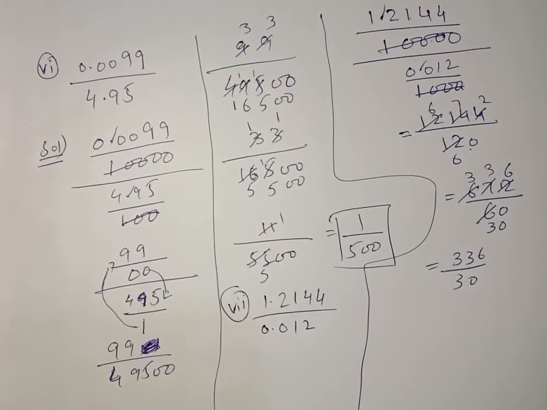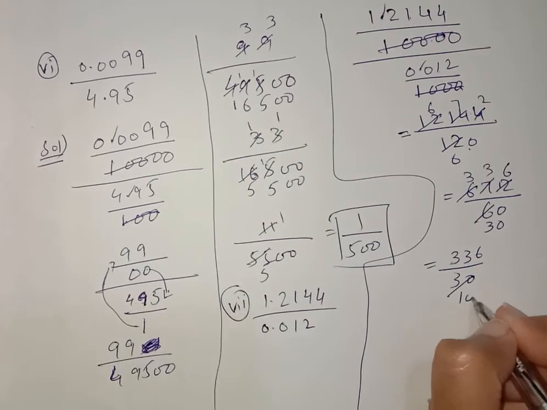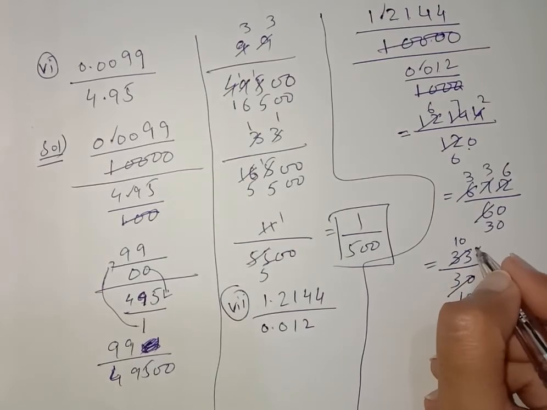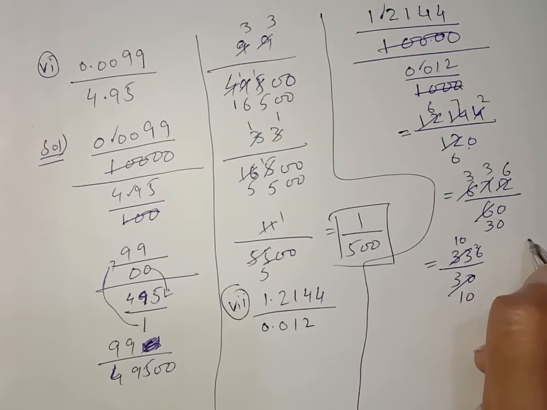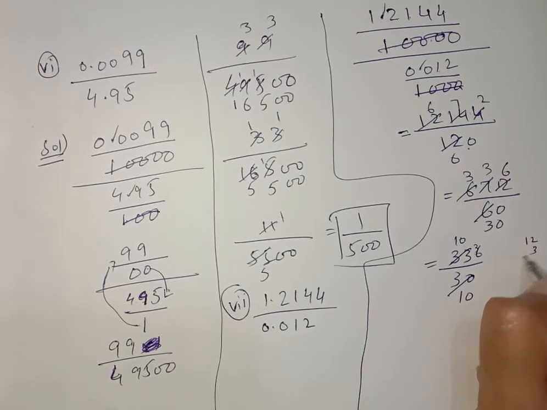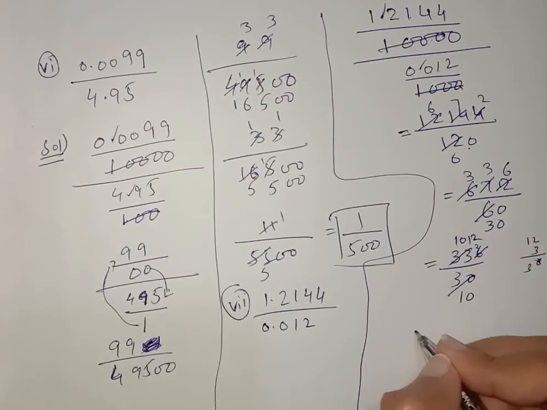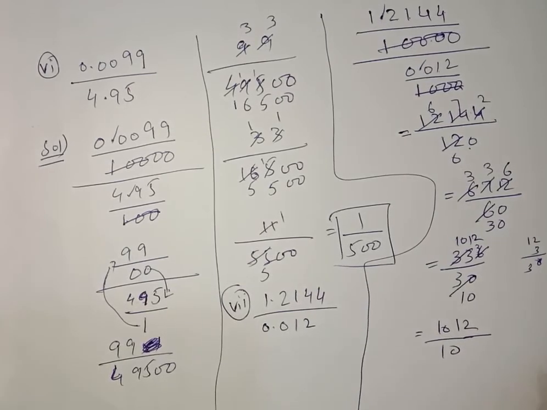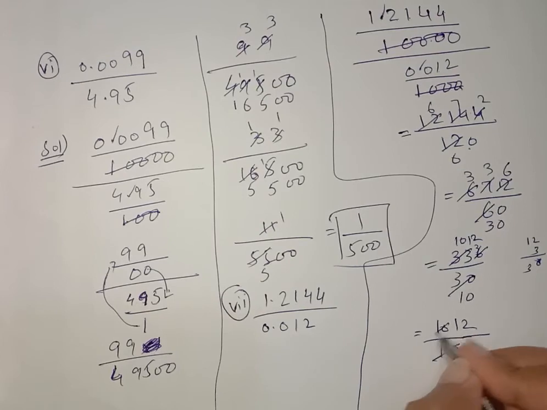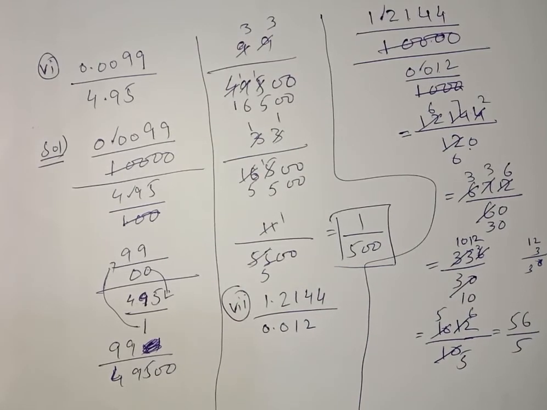Next, 3 10s are 30, 3 12s are 36. So 1012 by 10. This is further cut. 2 5s are 10, 2 6s are 12. 56 by 5. So this is our answer.